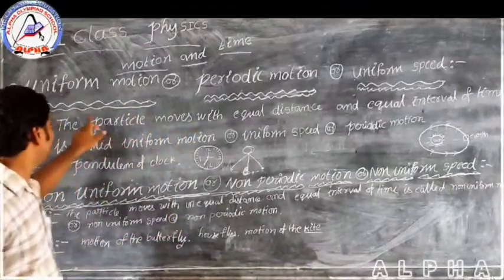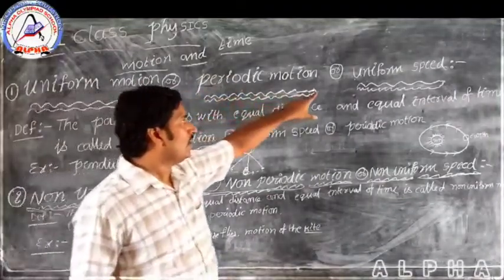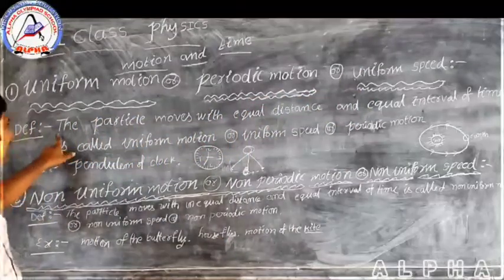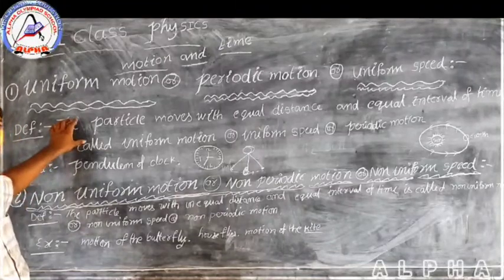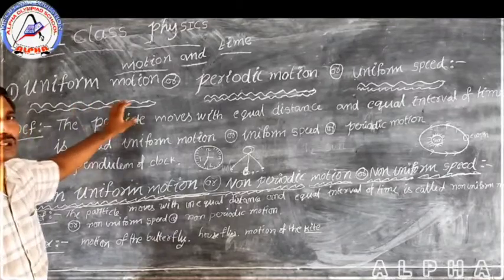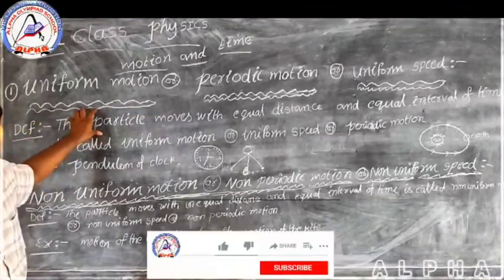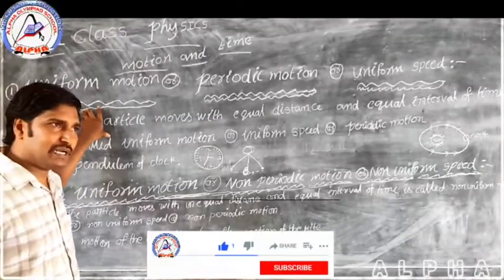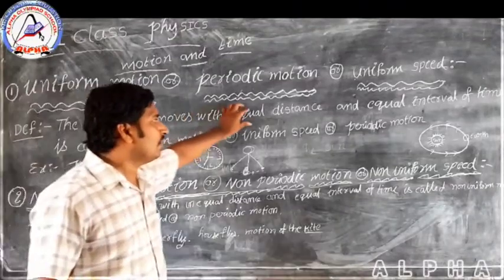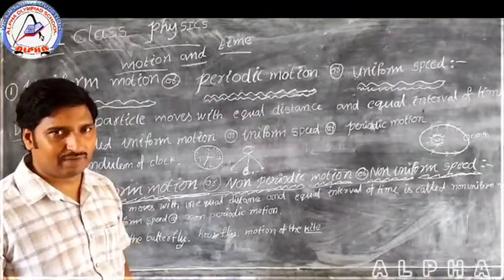Listen to me, children. Uniform motion, periodic motion, or uniform speed is defined as follows: any particle which moves from one position to another position with uniform motion, in equal intervals of time.